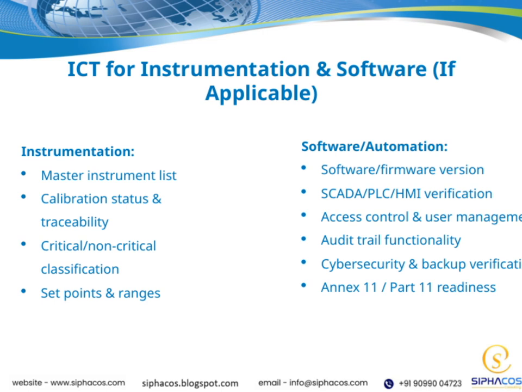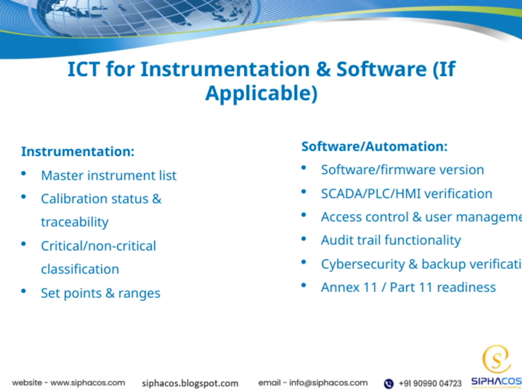Classification of instruments into critical and non-critical categories helps prioritize maintenance and validation efforts. Critical instruments directly impact product quality or safety, so they require more rigorous oversight. Finally, set points and ranges need to be properly defined and documented, ensuring that each instrument operates within specified limits.